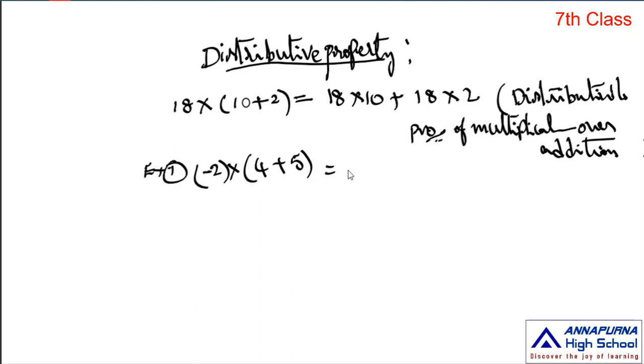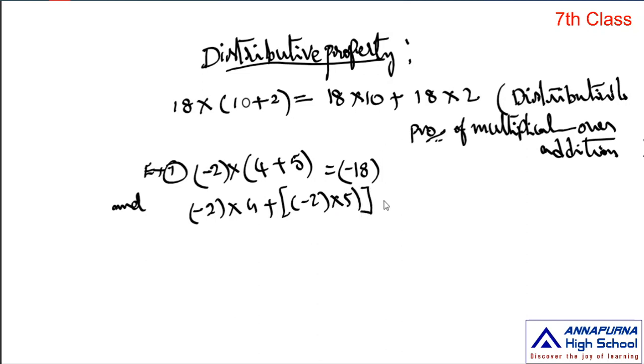Product of negative and positive is negative, so minus 18. And we can write the same thing as minus 2 into 4 plus minus 2 into 5.